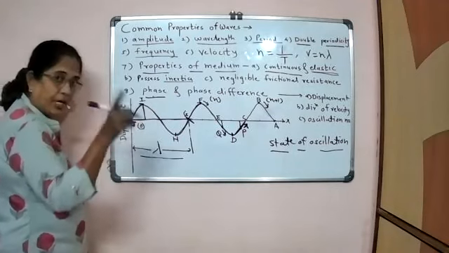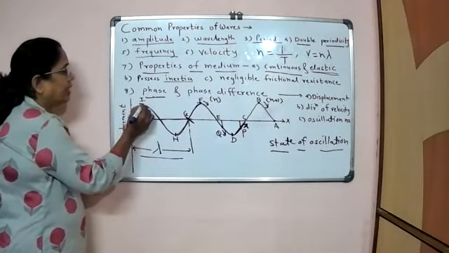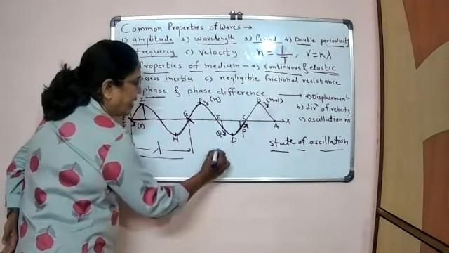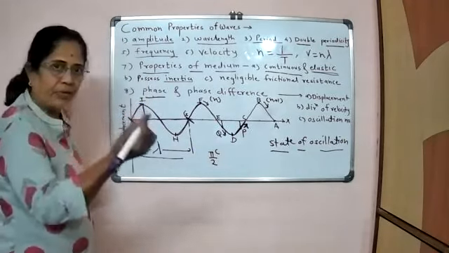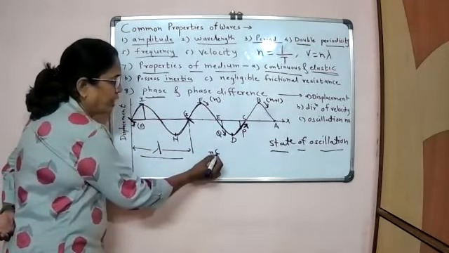Then the phase difference between particle J and particle I is pi by 2 radian.